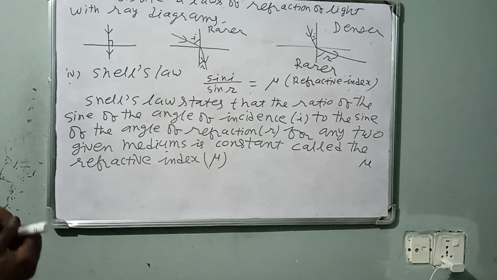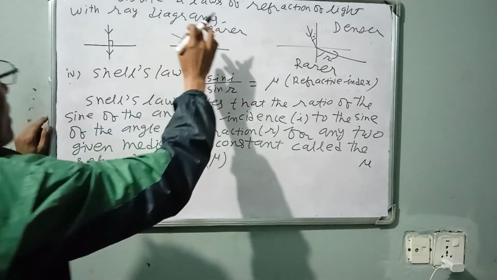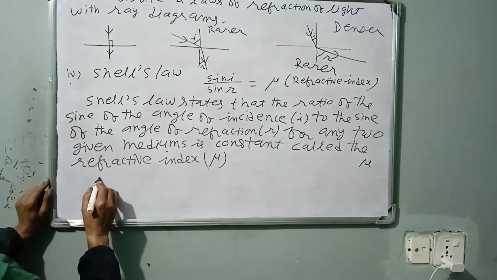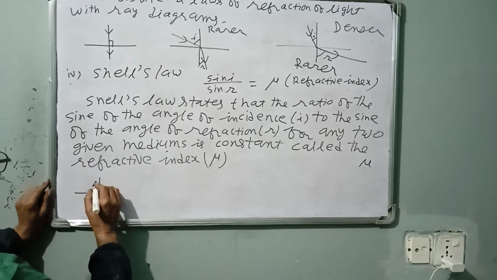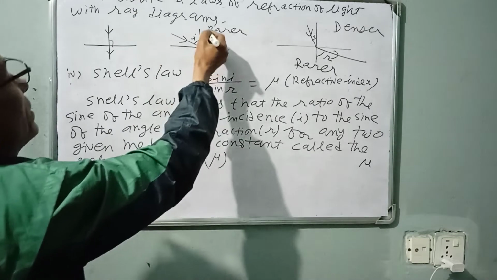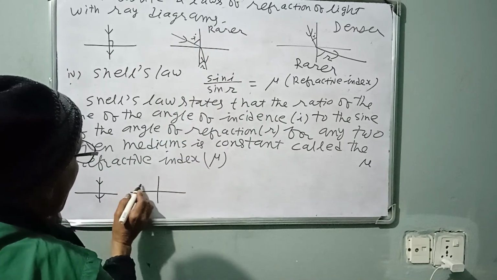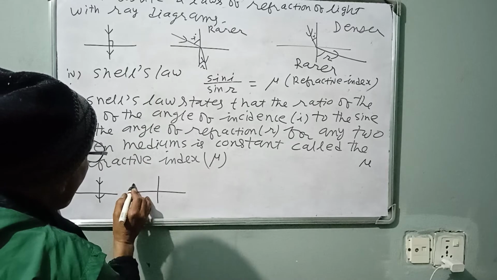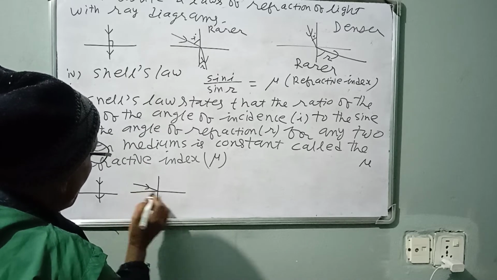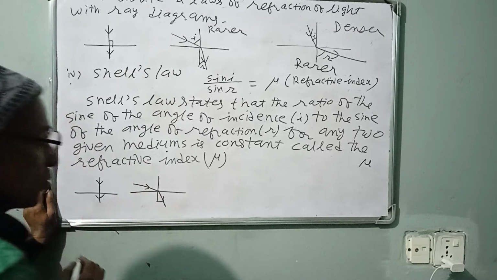The way to write this, or rather the way to draw it, is to use a pencil and compass, straight. Here rarer to denser, see, rarer medium to denser medium, towards.